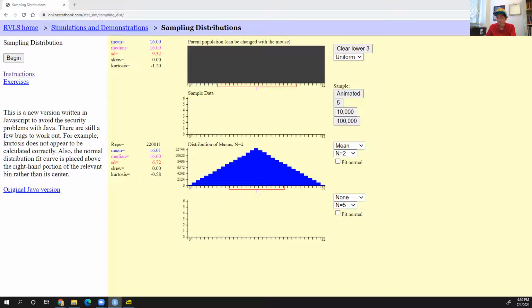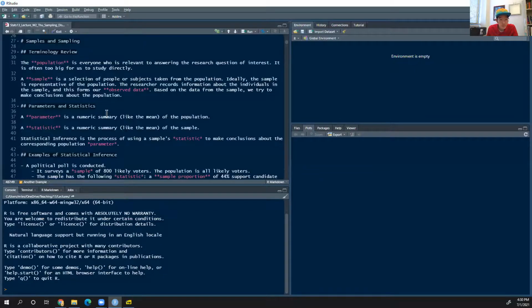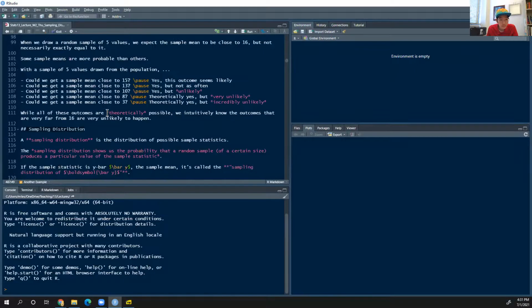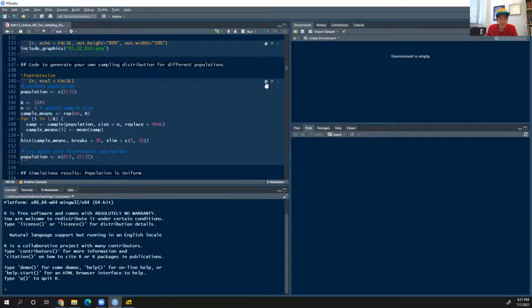Okay. Let me show you kind of what this would look like with a whole bunch of simulations here in R. Where did this go? Here we go.